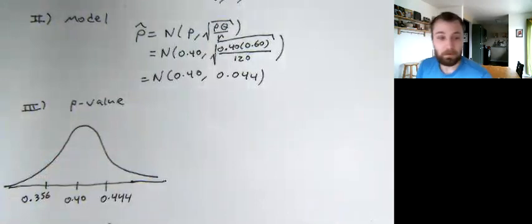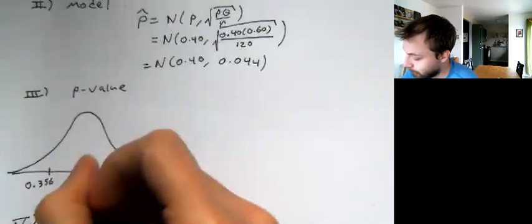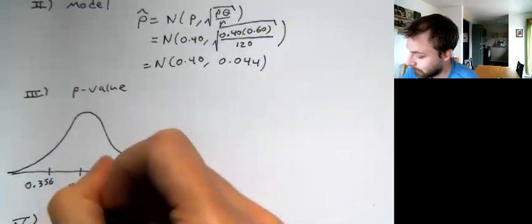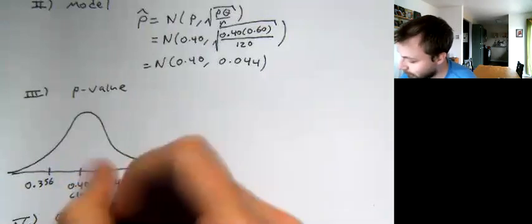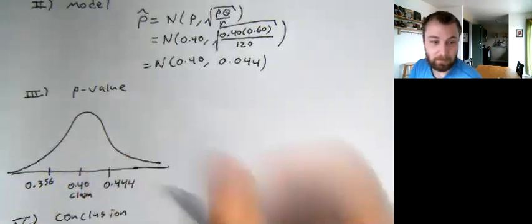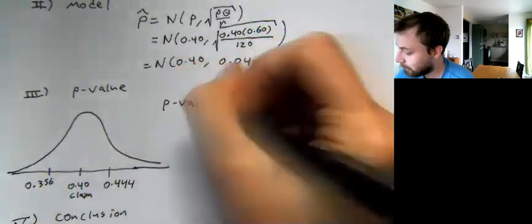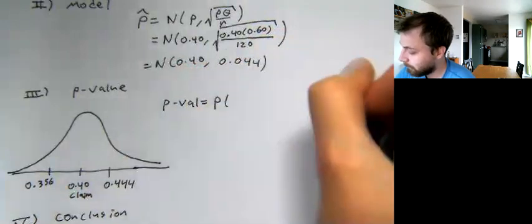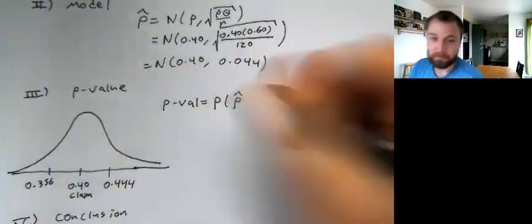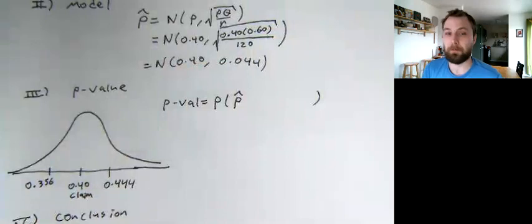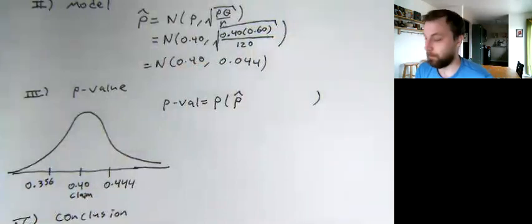Okay, so in the center of my model, I have my claim, and I'm wondering where on this curve does my data live? So the p-value is the likelihood of your sample success rate, or more extreme, if the null hypothesis is true.